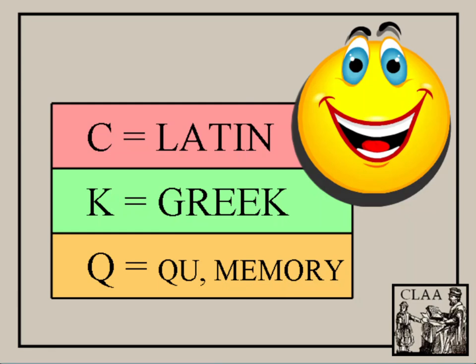So if you knew that a word came from Latin, then you would know the sound k was spelled with the letter ke. The letter ka in the green box comes from Greek. So if you knew that a word came from Greek, you would use the letter ka for the sound k.